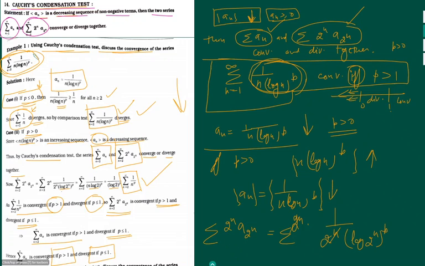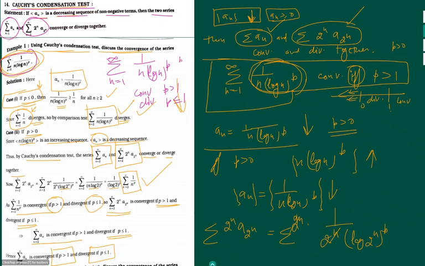Using the Cauchy condensation test, we proved that the summation of 1 over n (log n) raised to the power p, as n varies from 1 to infinity, is convergent for p greater than 1 and divergent for p less than or equal to 1.